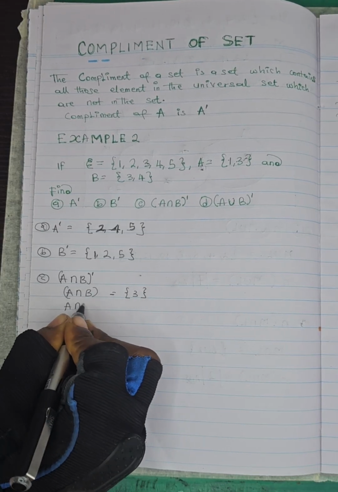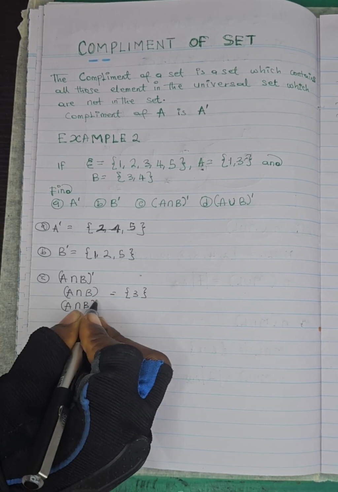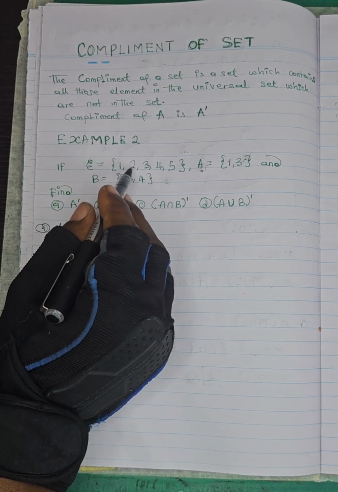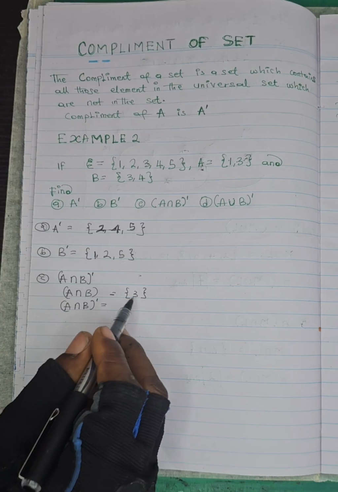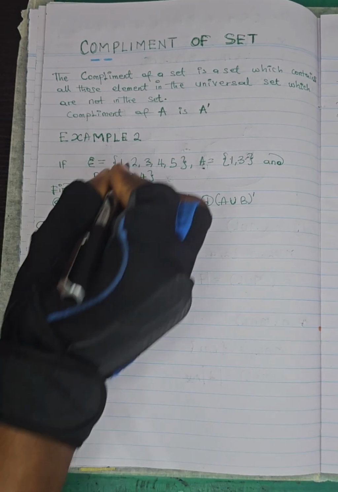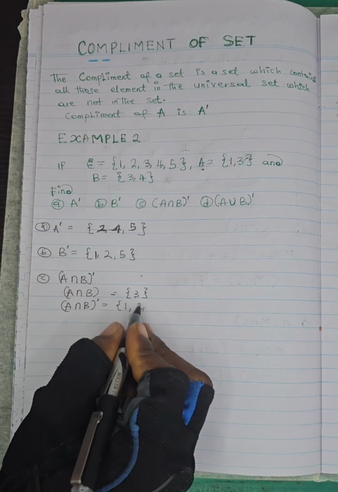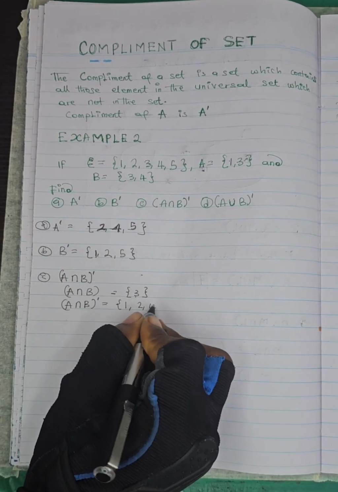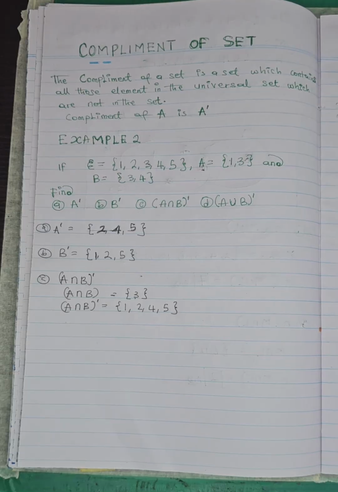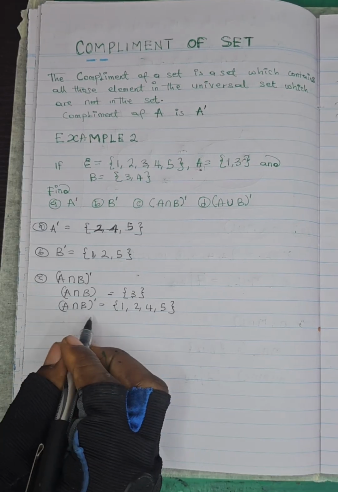So A intersection B complement will now be what you have in the universal set that is not in this A intersection B. So we have the first one, 1, 2, 3 is here, so we don't put 3, 4, and then 5. That's A intersection B complement.